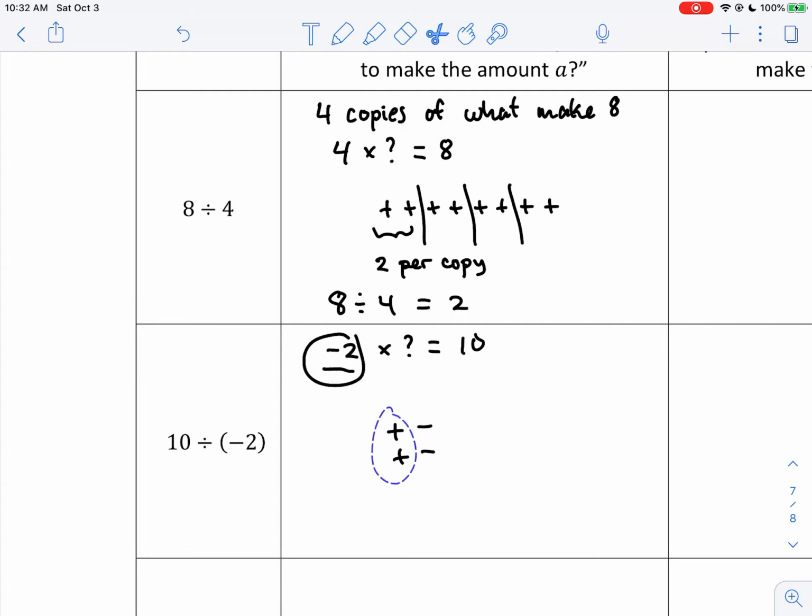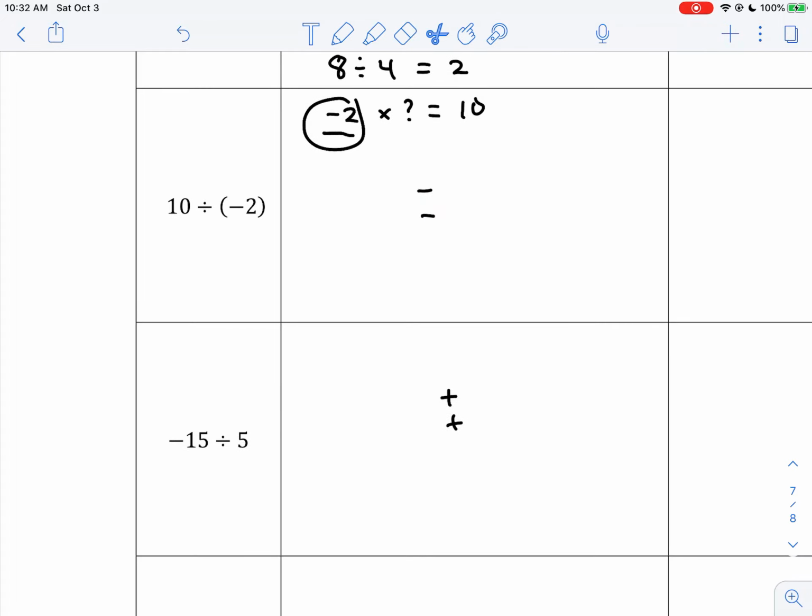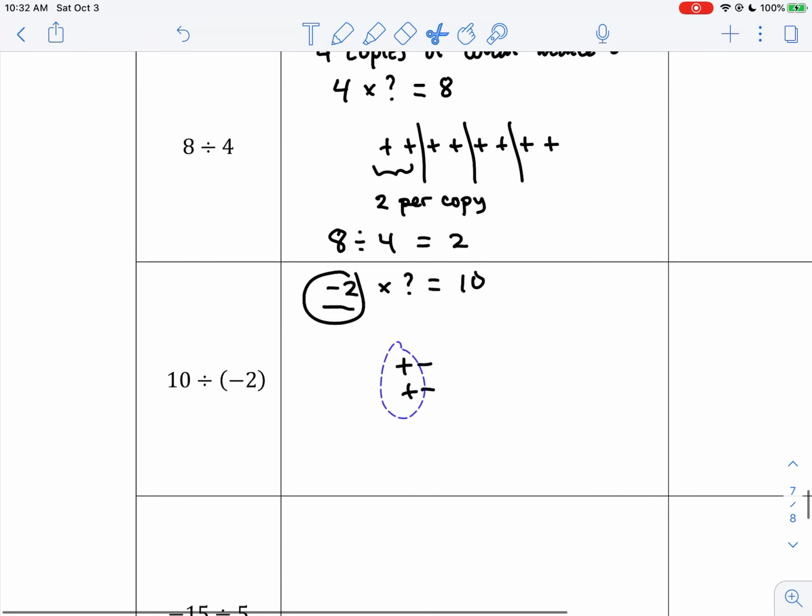Take negatives away from 0, you get positives. If you take positives away from 0, you get negatives. And keep in mind that when you have a negative multiplier, we are trying to remove copies. We want to remove 2 copies of something to make 10. All right, so I'm going to just think of this backwards. I'm going to create 10 zeros, so I can see 10 pluses and 10 minuses.